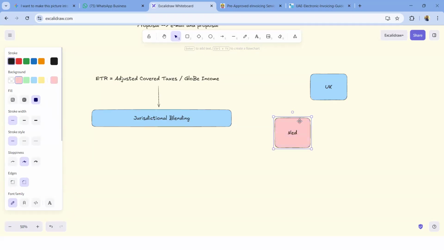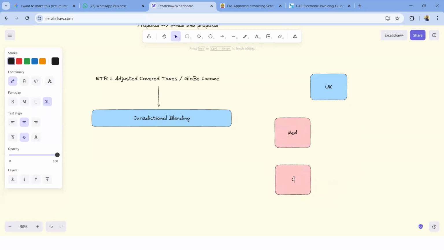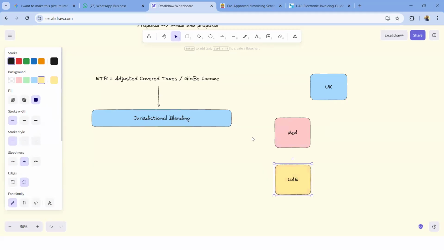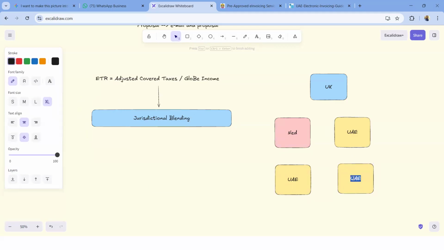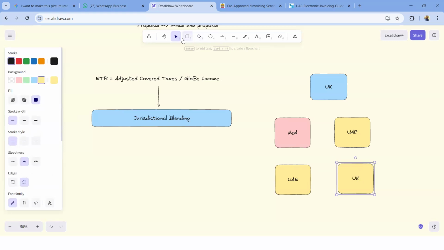And let's say this is in China, or this is in UAE. And this is again in UAE. And this is, let's say, UK. Okay, this is my group structure.